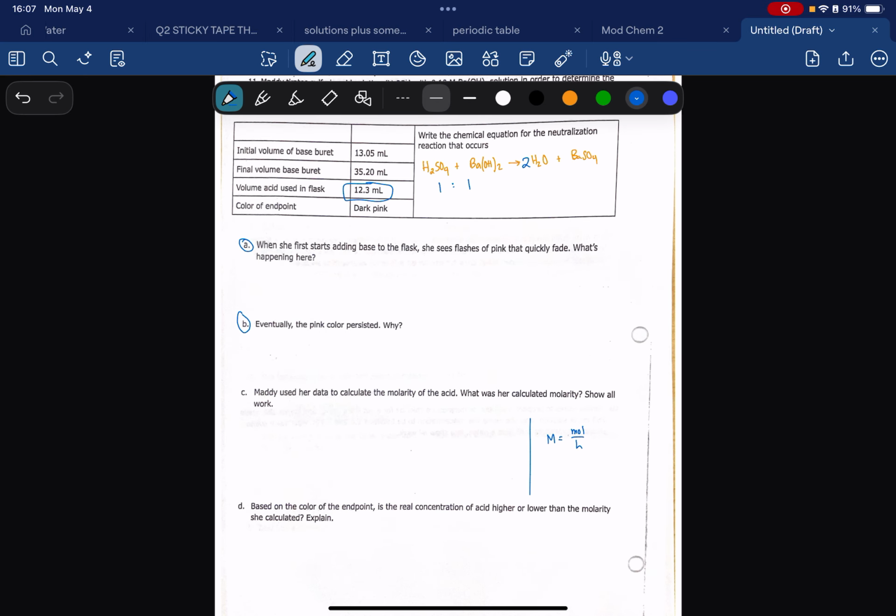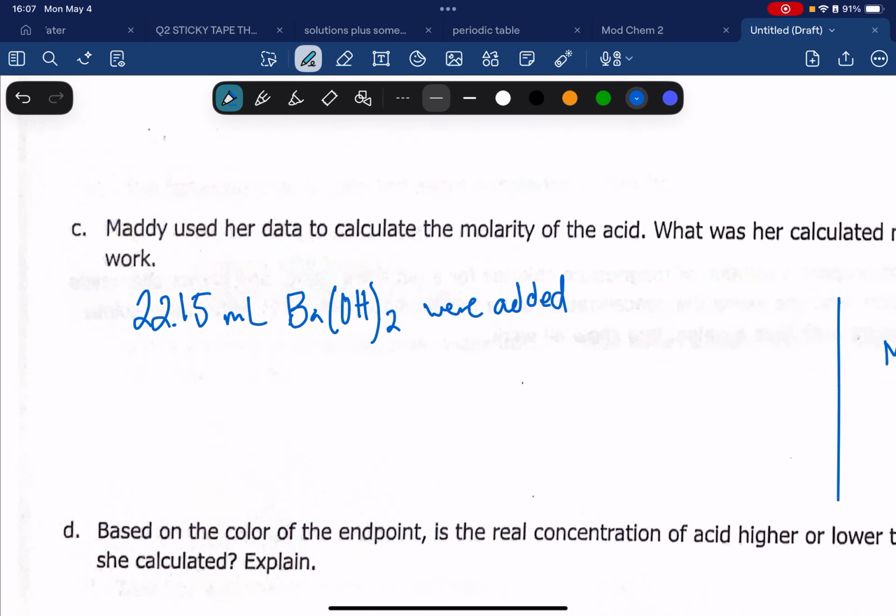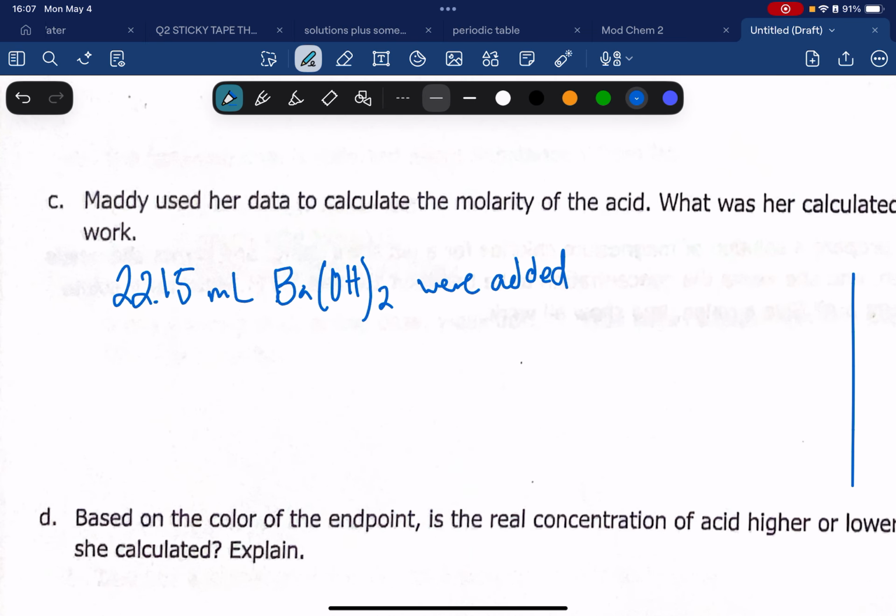So we know based on the readings of the burette, going from 13.05 up to 35.2, that 22.15 milliliters of base were added to the flask. 22.15 milliliters of base were needed in order to react with all of the acid. So we need to know how many moles that is.